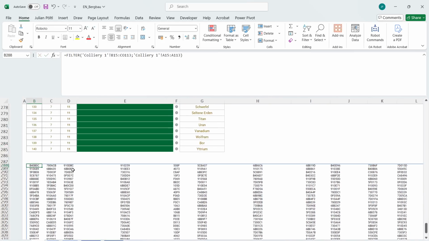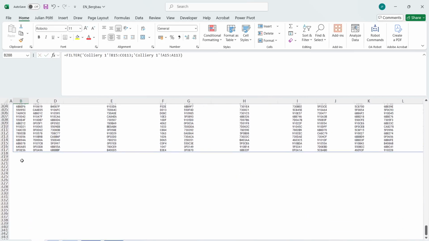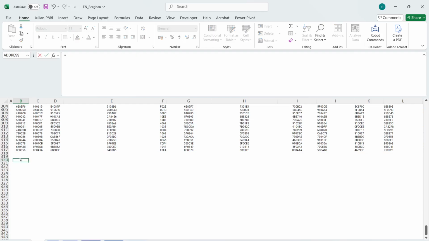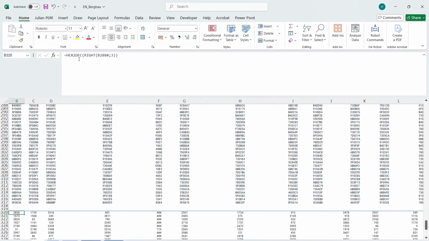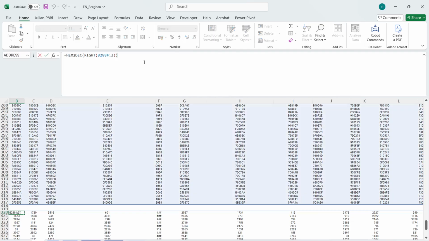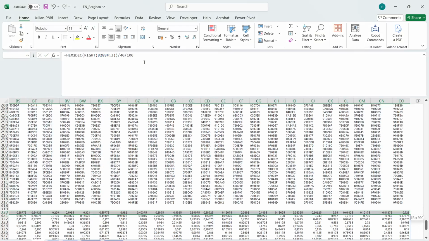Now we have this field of hexadecimal, and now we want to know hex to this, right? Three is the degree of purity divided by 40 and by 100 to get a percentage.